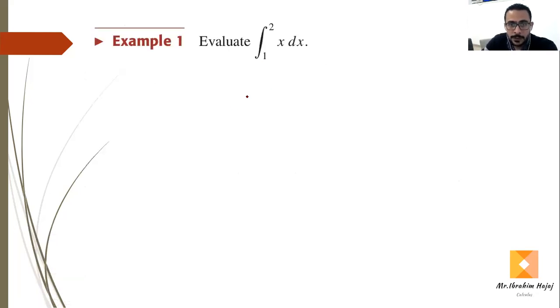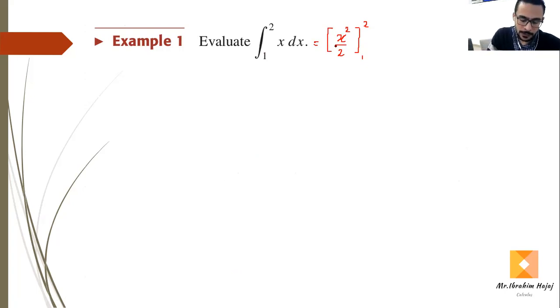Okay, let's do this example here. We can solve it. It's equal to x squared over 2, which is the antiderivative of x, from 1 to 2.